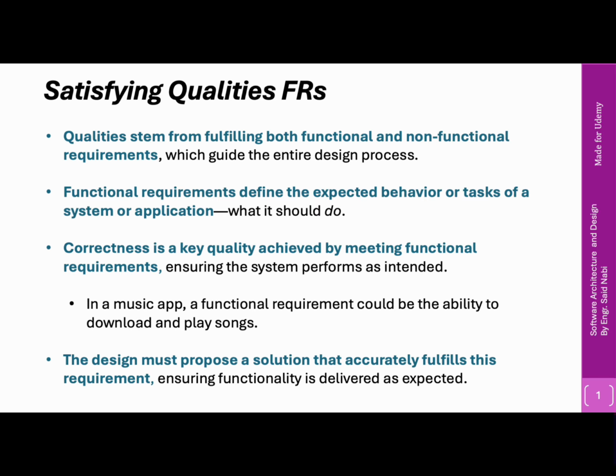The design must propose a solution that accurately fulfills this requirement, ensuring functionality is delivered as expected. So we have to include functional requirements properly and address them so that the system must perform all the tasks which are listed in terms of functional requirements in the design phase.